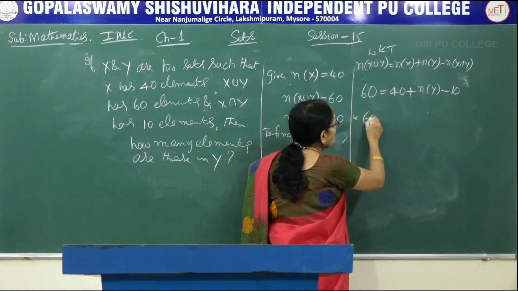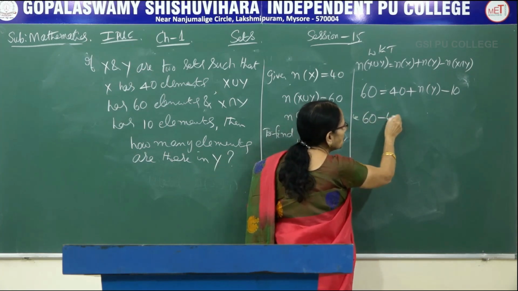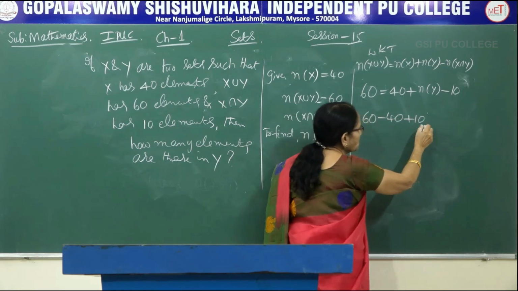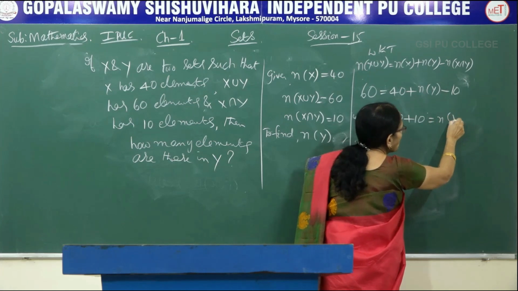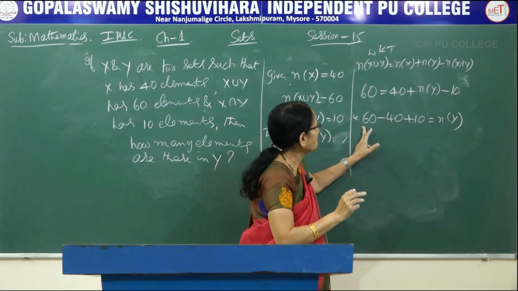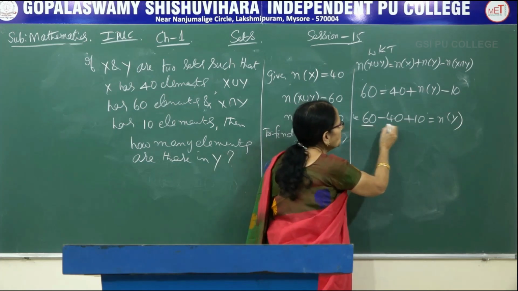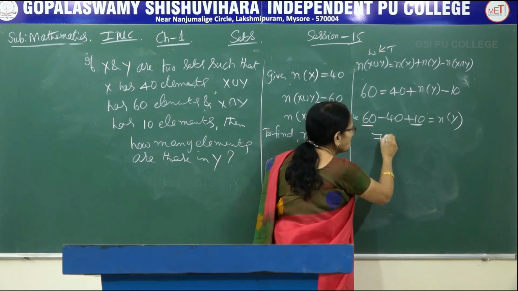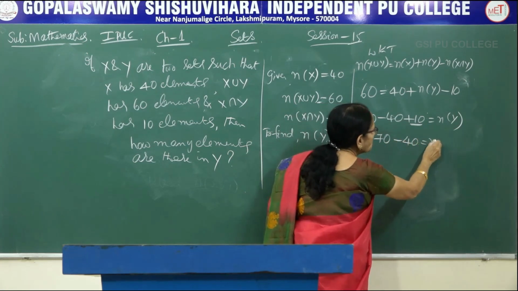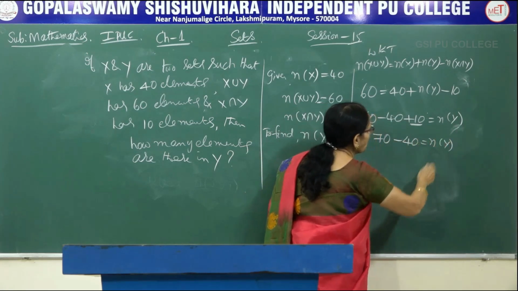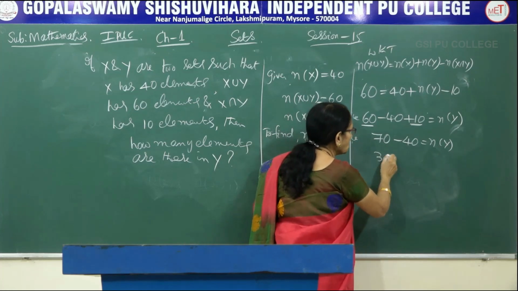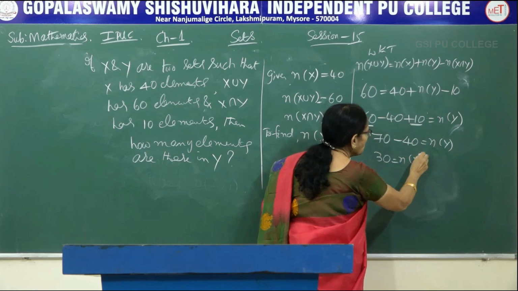That is 60 plus 40 becomes minus 40, and minus 10 becomes plus 10, equal to n of Y. First we add the positive terms, 60 plus 10, that becomes 70 minus 40. So this is n of Y. What is 70 minus 40? That would be equal to 30. That is n of Y.